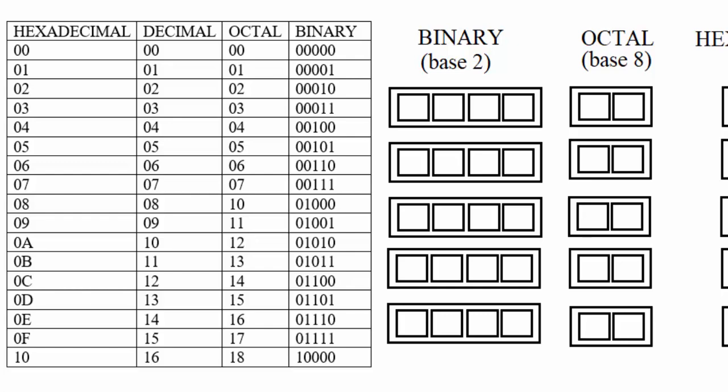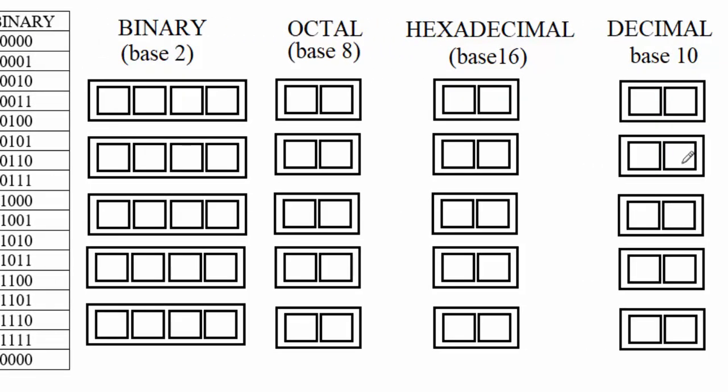So for instance, the table you see here is made up of different bases. We have hexadecimal, the decimal, this is the number system that we are used to in real life, and we have the octal here, and we have the binary. I've made these boxes here to represent a register.